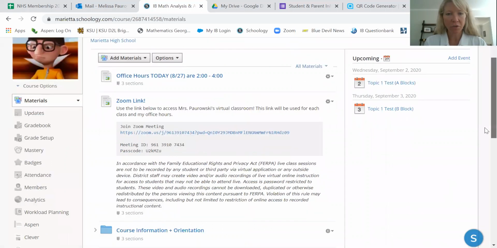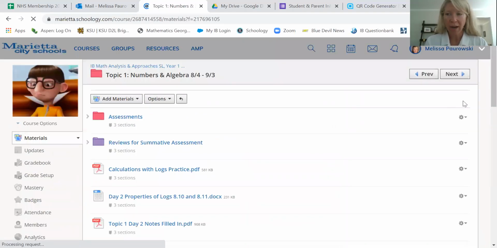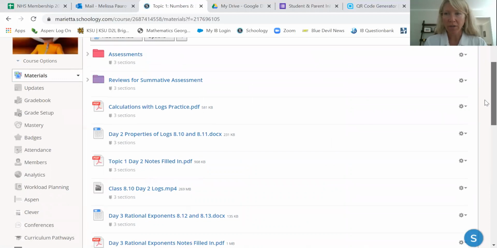And if you continue to scroll down, then you will see course information, where the syllabus is located, and the topics. So right now we're currently in topic 1. And every single thing for topic 1 is here. So it is organized by day. I also post my notes completely filled out and the class recordings for that particular day of notes.